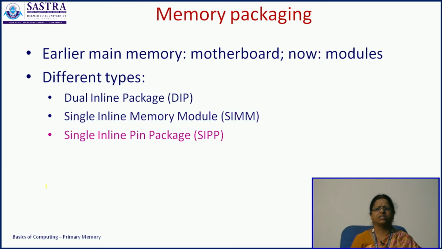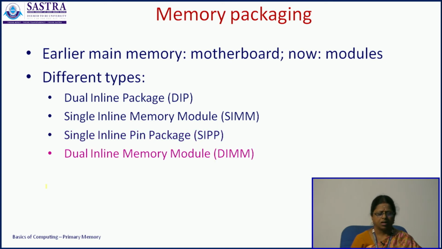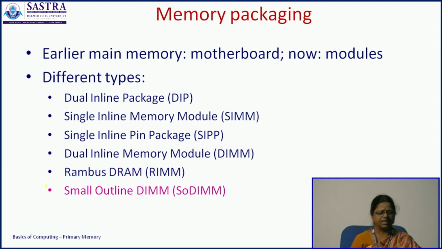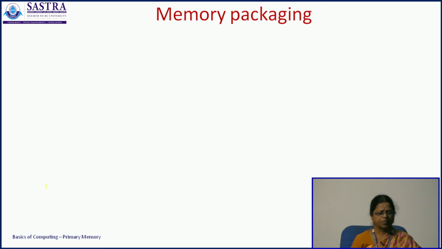We also have SIPP, which is single inline pin package. DIMM is dual inline memory module, and RIMM is RAMBUS DRAM. SODIMM is small outline DIMM. We also have micro DIMM. These are the different types of memory packaging.